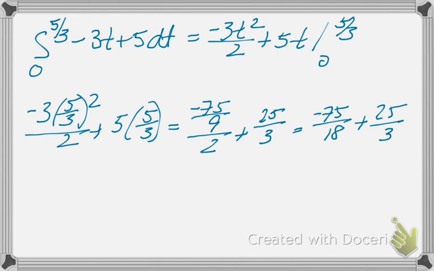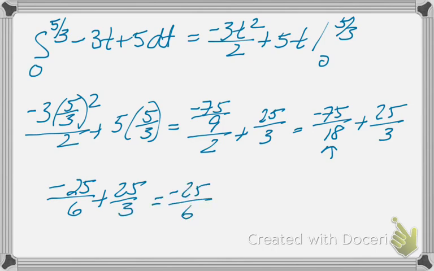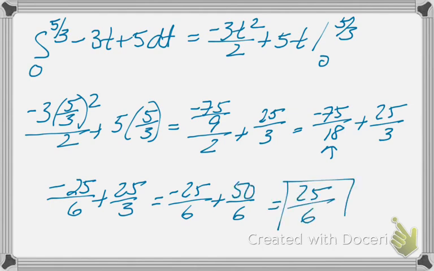We could divide the numerator and denominator by 3. And now we can get a new common denominator of 6. So we get 25 over 6. That's the solution for the first integral.